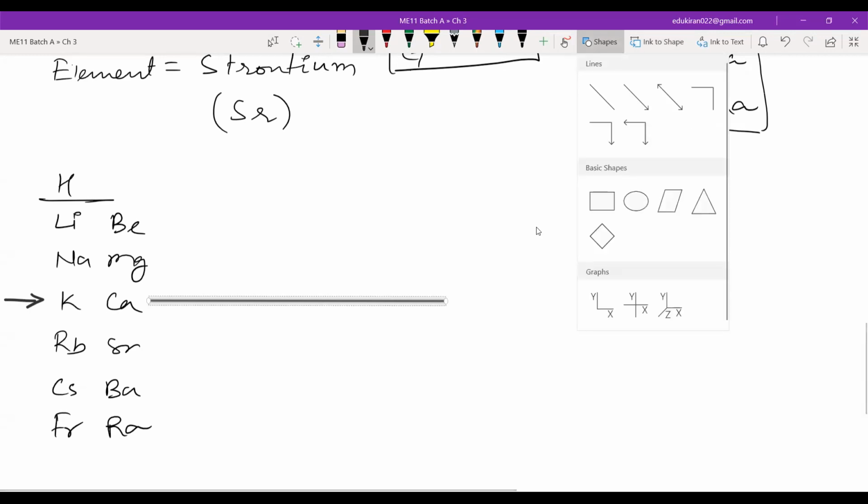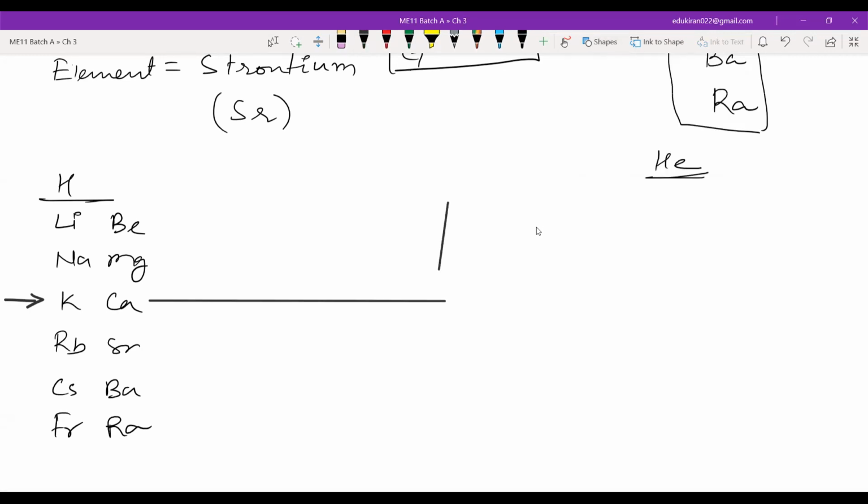And then let me make one more line here. This is the D block. And then you have the mnemonic, let me write it a bit below.